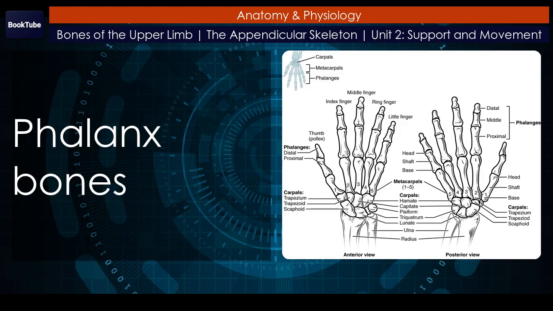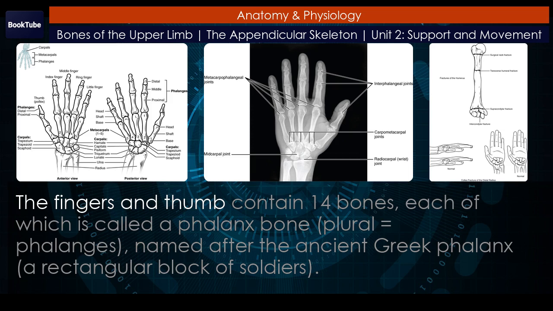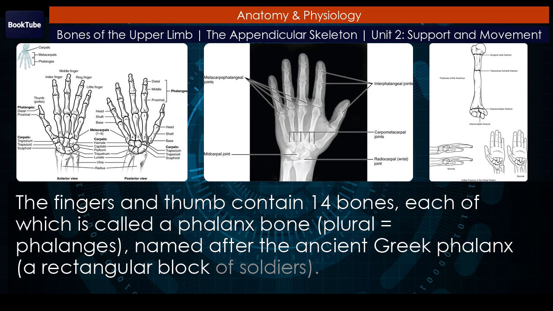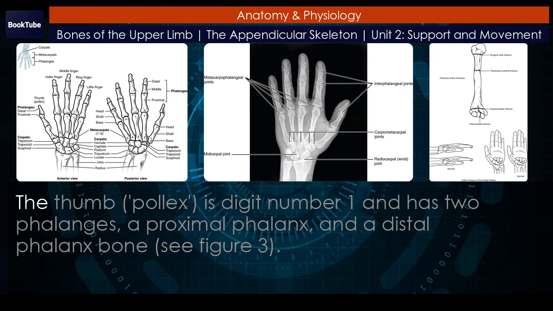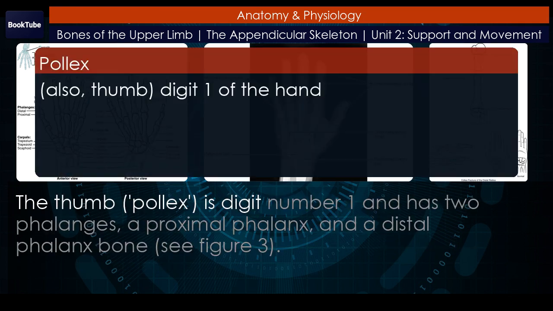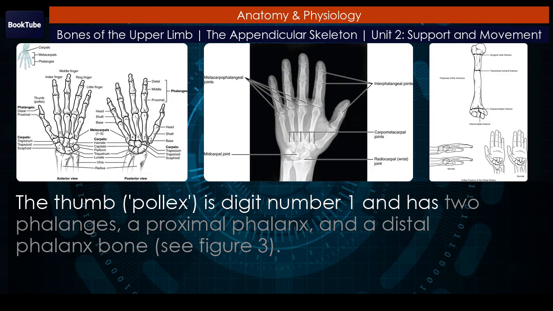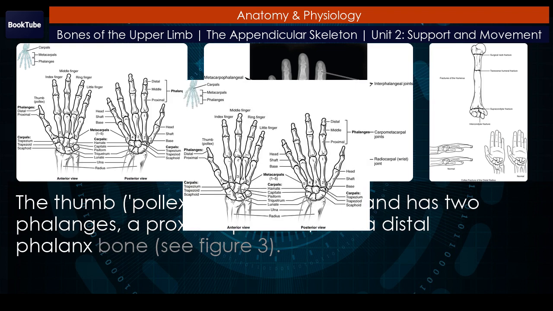Phalanx bones. The fingers and thumb contain 14 bones, each of which is called a phalanx bone. Plural equals phalanges, named after the ancient Greek phalanx, a rectangular block of soldiers. The thumb, pollex, is digit number 1 and has 2 phalanges, a proximal phalanx, and a distal phalanx bone.